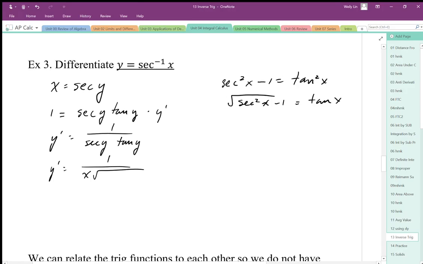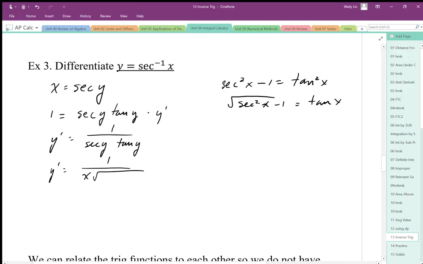So we end up with that expression. So this is going to be replaced with tan y will be secant squared y minus 1. Replace that with x. We end up with x square root x squared minus 1.